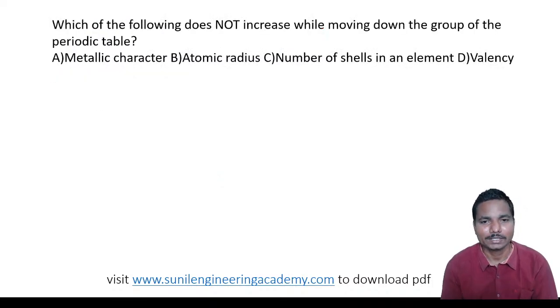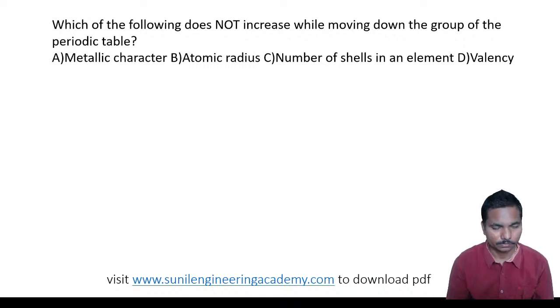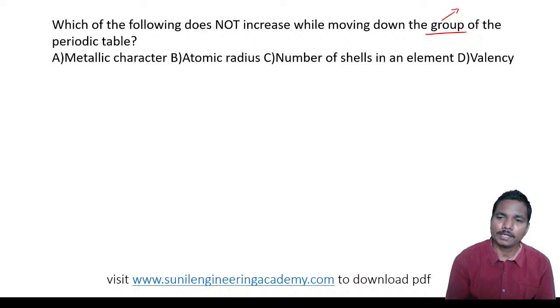Which of the following does not increase while moving down the group of the periodic table? In the groups, we group all the elements which have the same valency electrons.